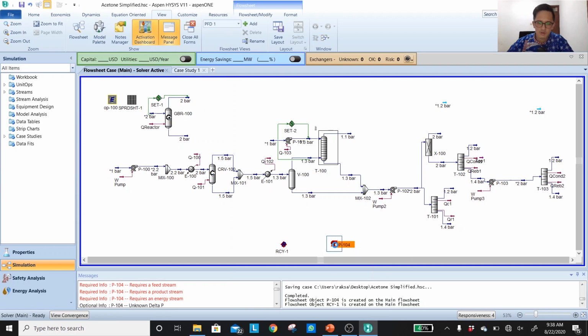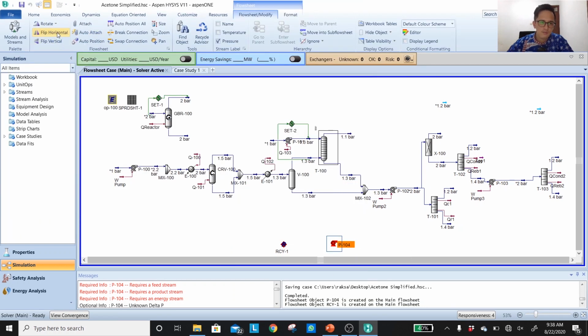Then I will go to the flowsheet and flip horizontal to make it easier to read. Okay, and then I will connect everything. Shift, press control, but I will not link it.